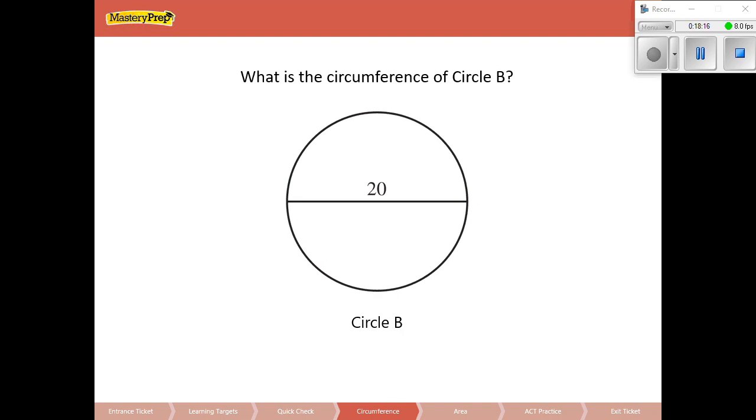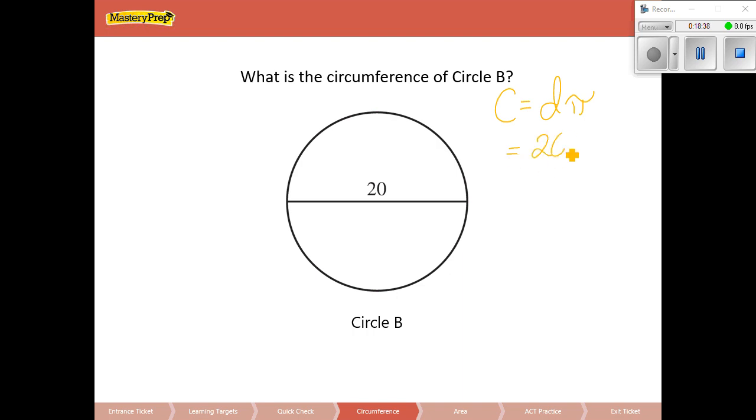What is the circumference of circle B? Here, I would use diameter times pi. Because if we wanted to use 2 pi r, we would have to divide the diameter by 2 and then multiply it by 2 pi.